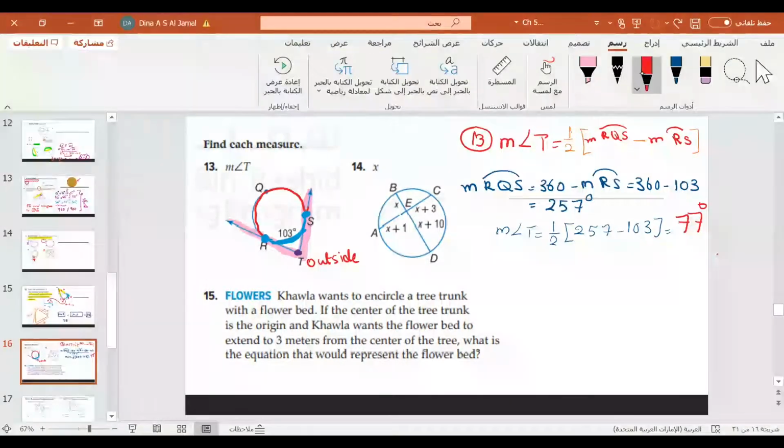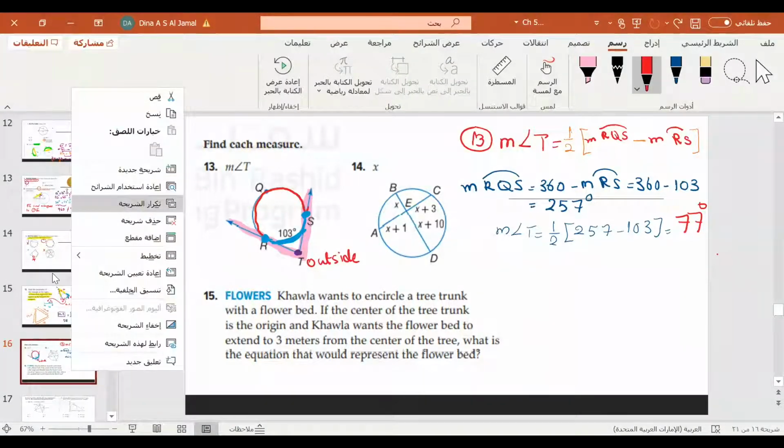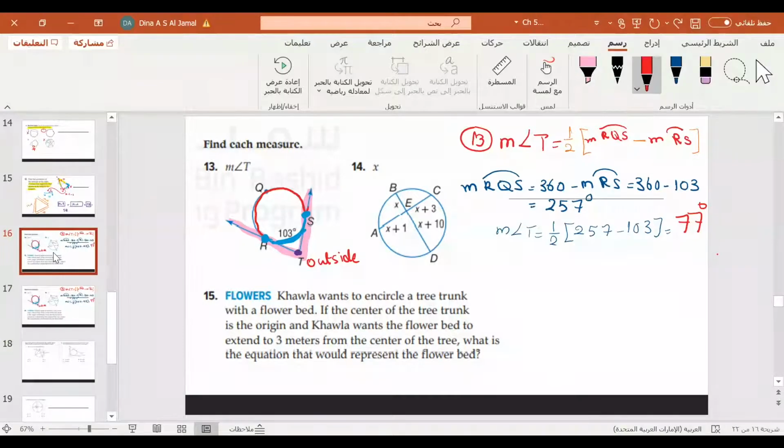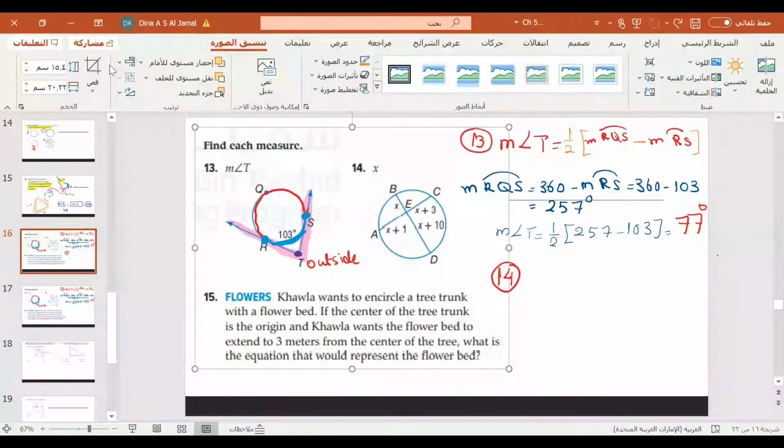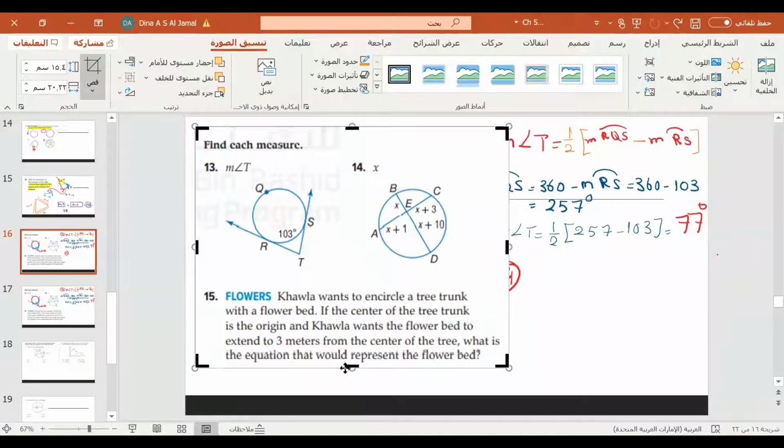Let's go now to question 14. In question 14, you should focus on what he's asking you to do. He's giving you a circle, and you have an intersection inside the circle itself.